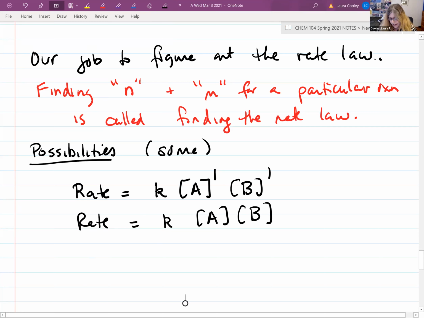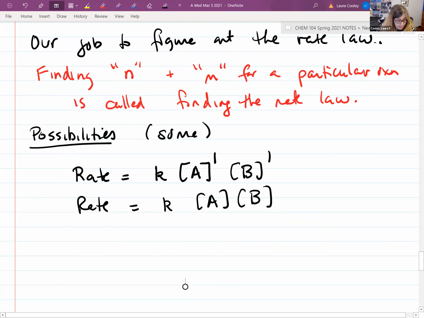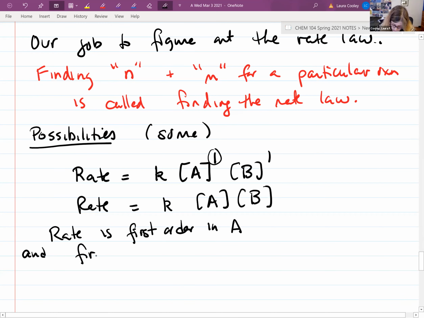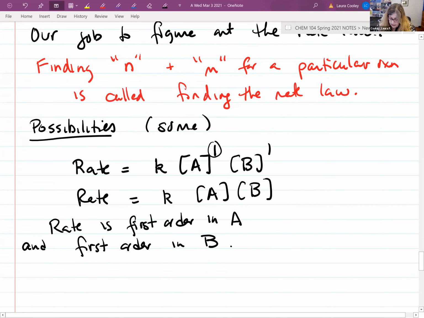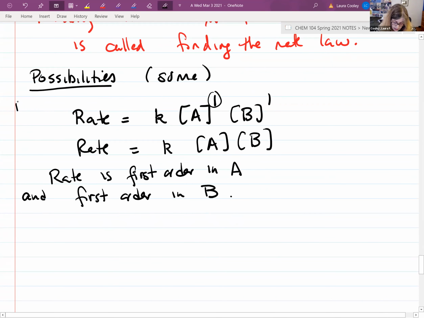If that's the case, then I would say that the rate is first order in A and first order in B. Okay.